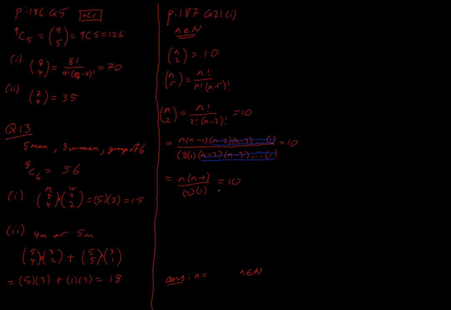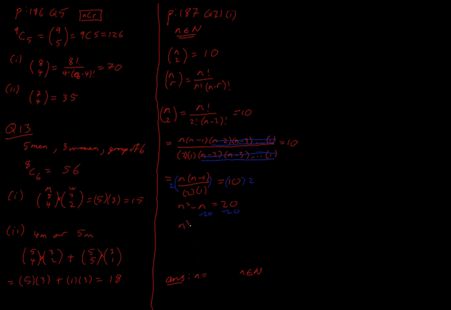I now have this, and we can possibly recognize what's going to happen here. I'm going to get a quadratic. So I multiply both sides by 2 to get rid of my fraction, and I'm going to end up with n squared minus n is equal to 20. This is a quadratic. Bring everything to one side, or minus 20 from both sides if you prefer.